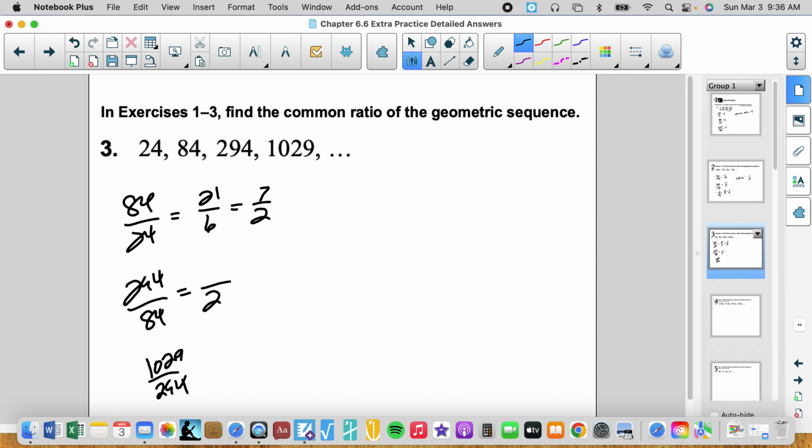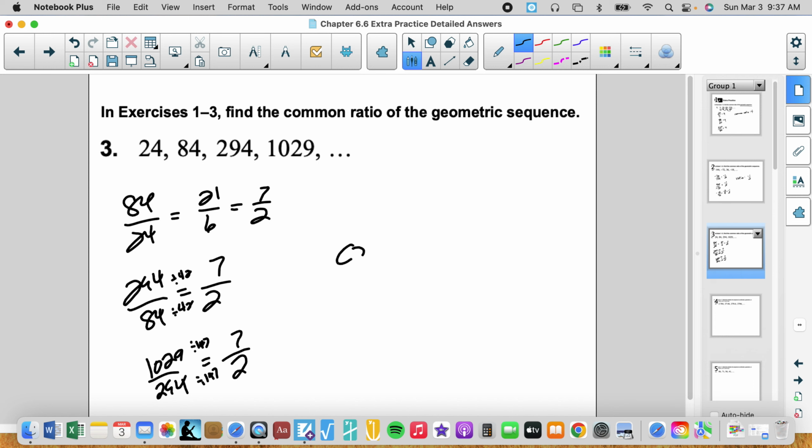Checking 294 over 84, divide both by 42 and you get 7 over 2. For 1029 over 294, divide both by 147 and you get 7 over 2.